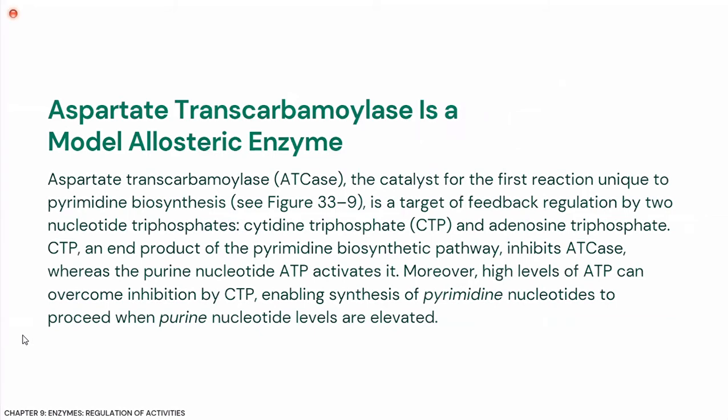Here is one which usually has this: aspartate transcarbamylase. It's a model allosteric enzyme. Aspartate transcarbamylase is the catalyst for the first reaction, which is unique, only found in pyrimidine biosynthesis.